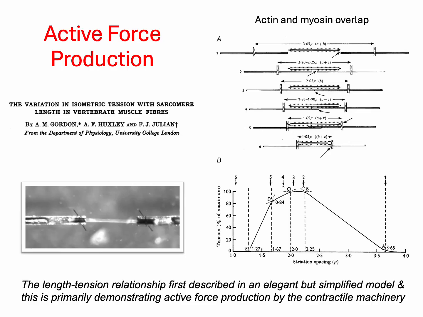And so that observation has been repeated over and over. This is actually one from an isolated muscle fiber from a human muscle biopsy. This was shown in the 60s and plenty of times thereafter.